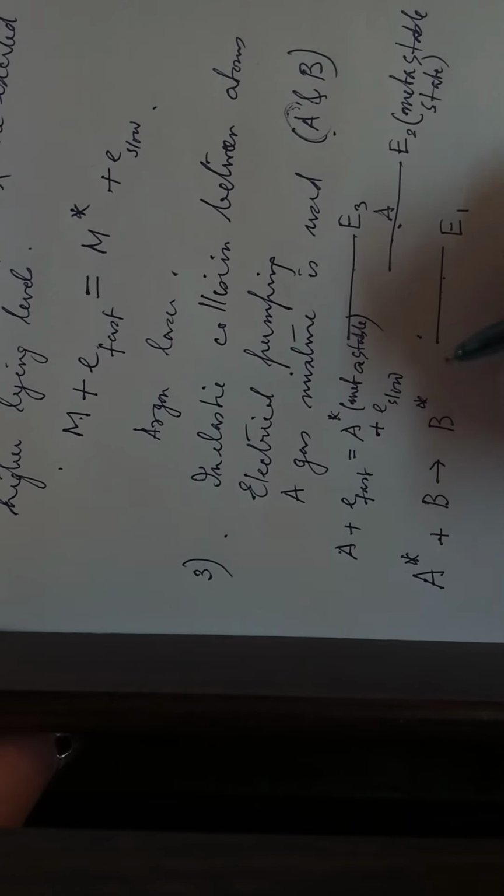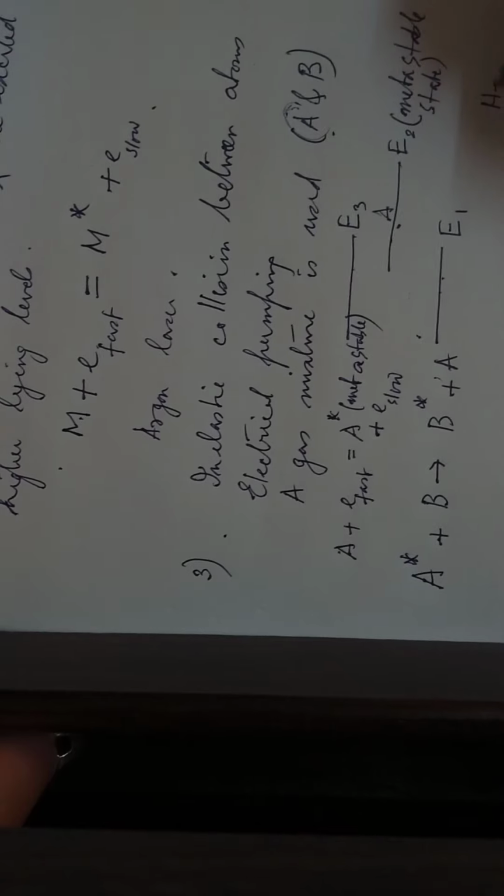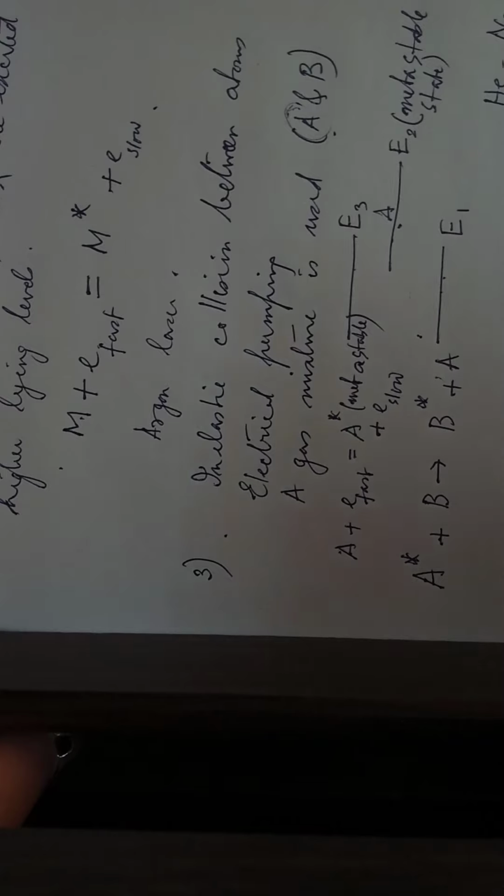After that, this A star interacts with B to give B star and A. So B goes to the excited state. The example over here is the helium neon laser. When you read about the helium neon laser, you will come across this situation.